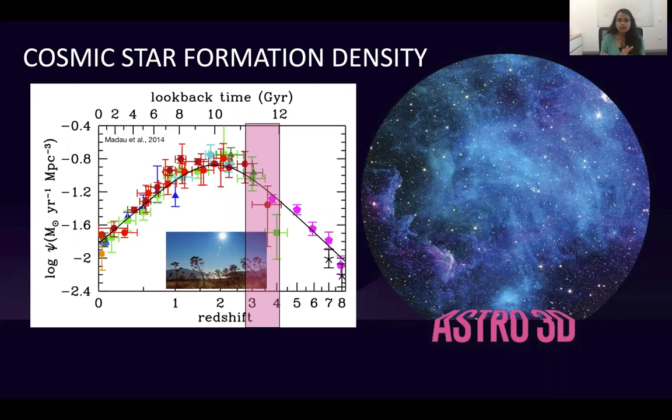This redshift 3 to 4 is a really important epoch in the cosmic star formation rate density, in our universe's history, because this is just before the peak in the cosmic star formation rate density. It's just before cosmic noon. And by looking at how galaxies transition between redshift 3 to 2, we can understand what led to this peak in the star formation rate density and its subsequent decline.